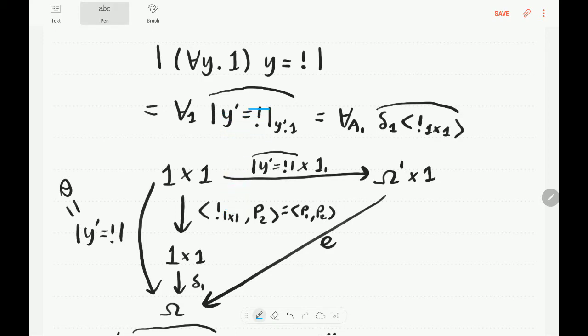That's this constant here, and then a p2. But exclamation mark 1 comma 1 is just p1. So if you like, this arrow is basically just equivalent to delta 1, because 1 times 1 is equivalent to a terminal object.